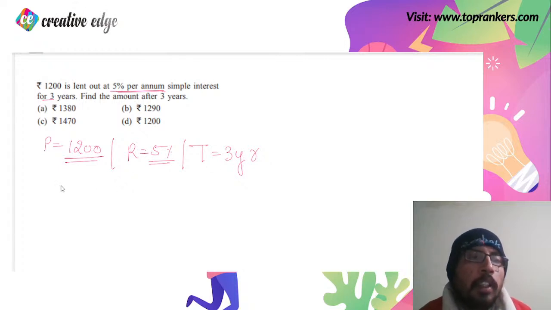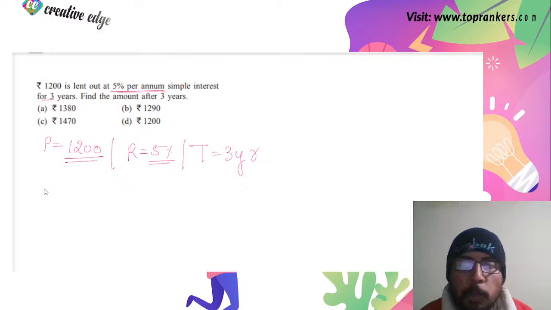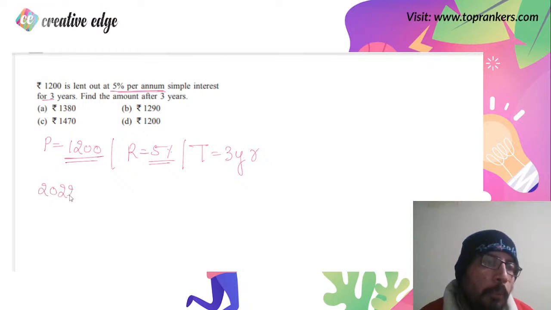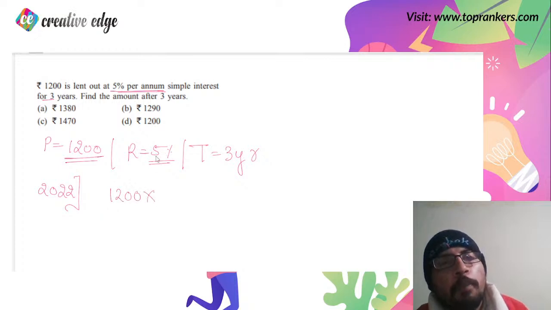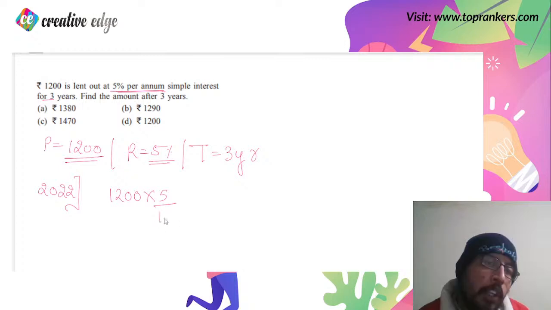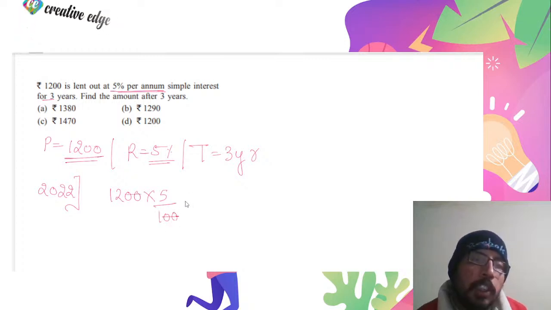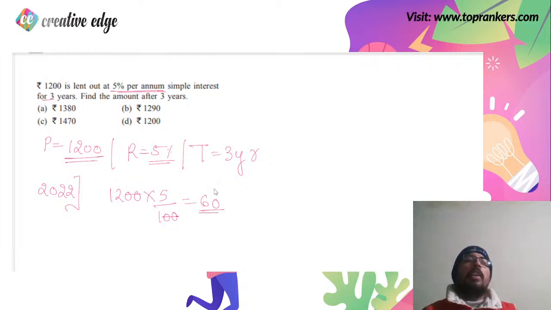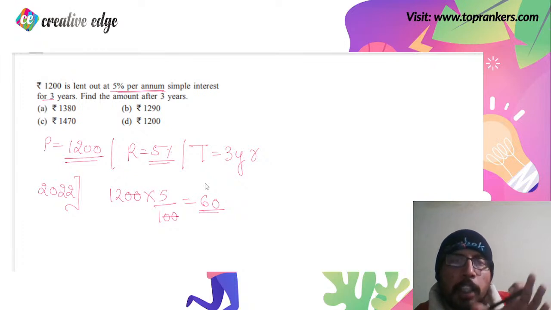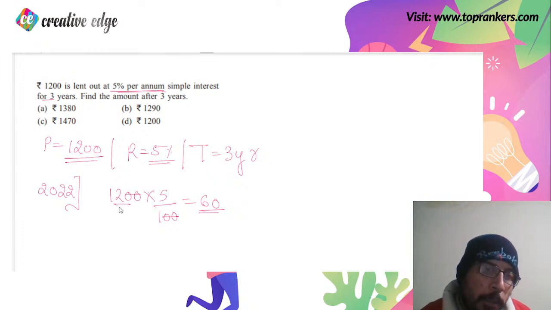So for example, this is my first year. Let us say I'm talking about 2022. So in 2022, I have been given 1200 at the rate of 5%. That means 5%. What is the 5% of 1200? It is going to be 60. So what does this 60 exactly mean? This 60 is extra money that is charged on this 1200.